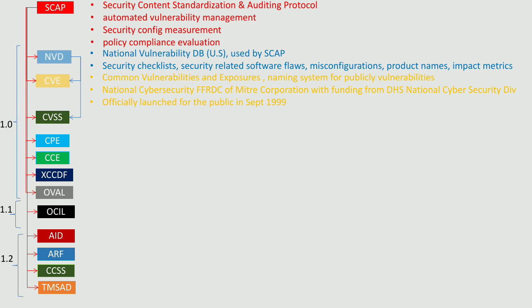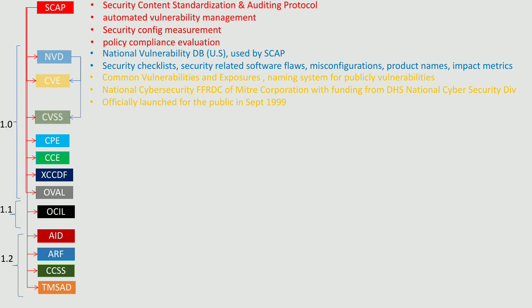This Common Vulnerability and Exposure was launched for the public in September 1999. It basically contains the standardized identifications for the security vulnerabilities, which can be referred to across different vendors.